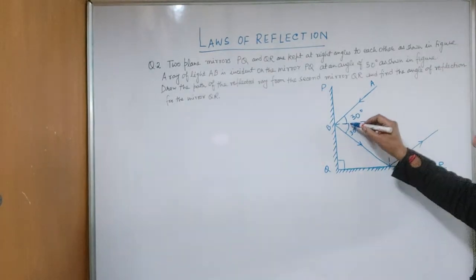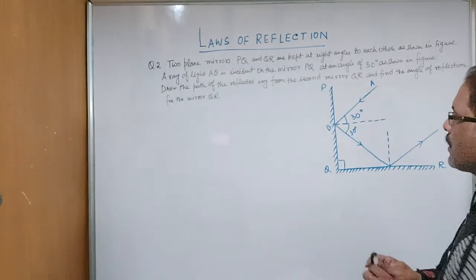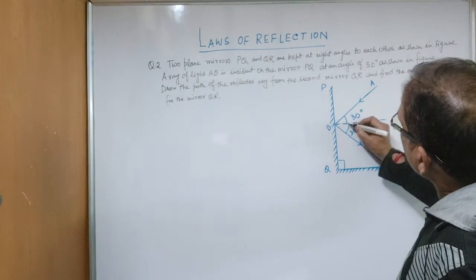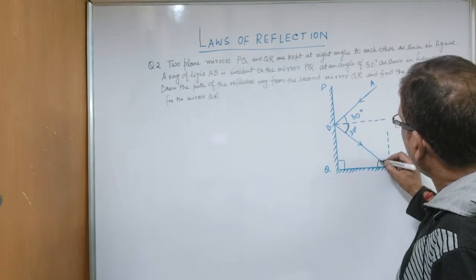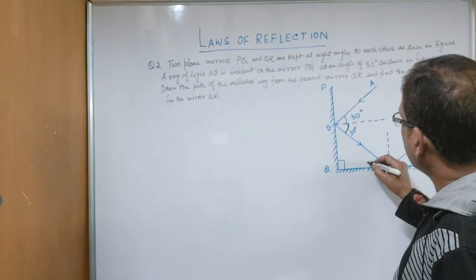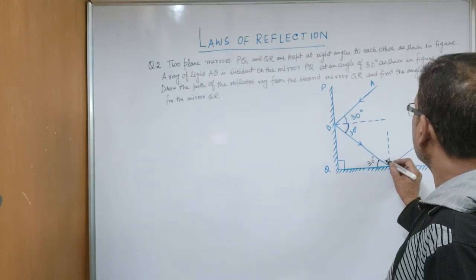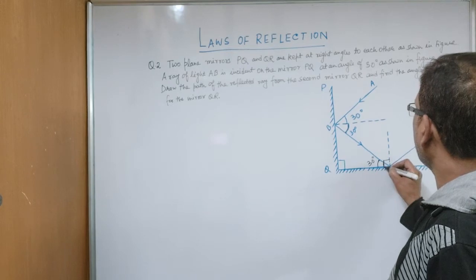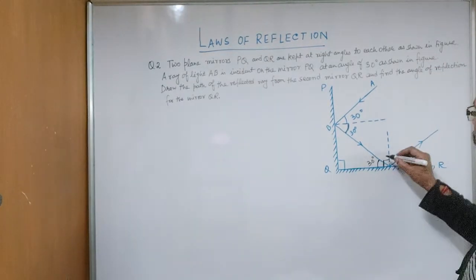If this angle is 30 degree, then these are alternate interior angles, so this is also 30, and this whole angle is 90 degree, as we know the normal makes an angle of 90 degree with the surface.